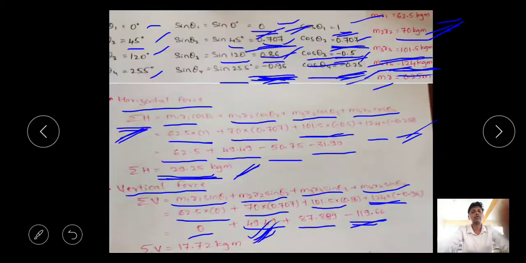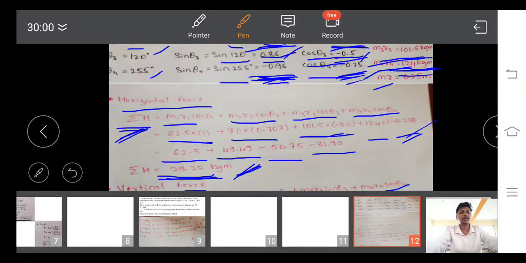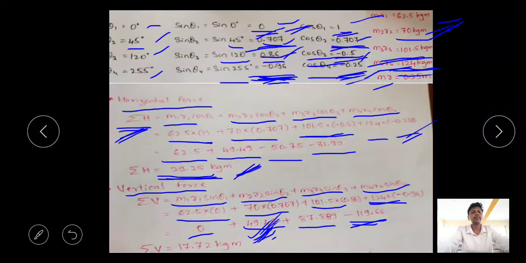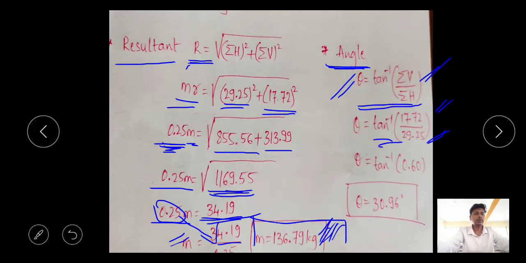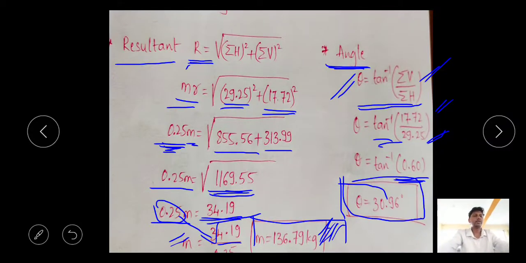We have found that from here, 29.25 and 17.72. Now if you just divide, you will get 0.60. So just take tan inverse of 0.60, you will get the angle of 30.96.